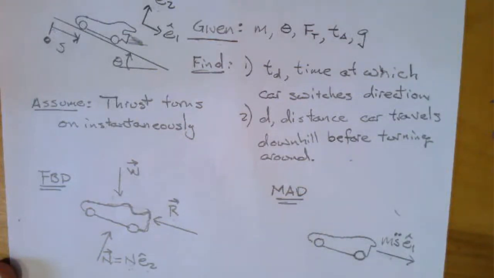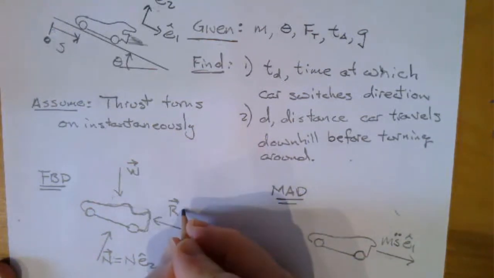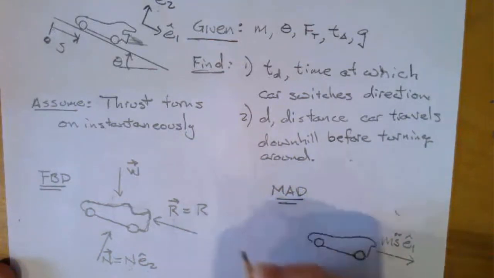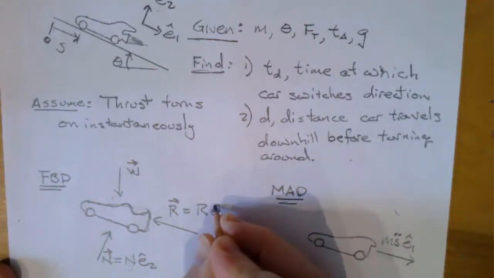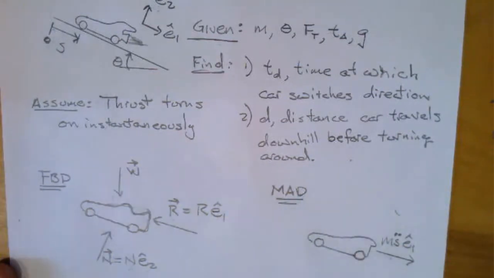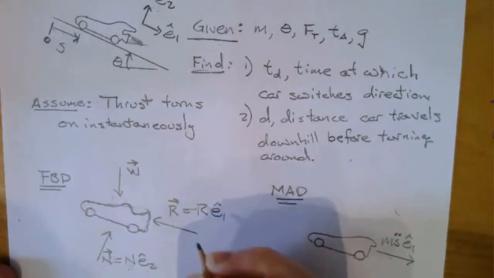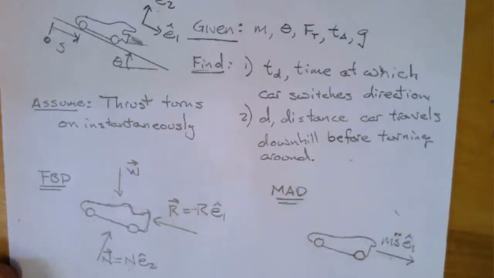The weight, let's think about that weight for a moment. Actually, let's go to the rocket force first. That's all in the e hat 1 direction. So I'm going to say this is a scalar r times e hat 1, like so. And maybe I'll say minus r, since this vector is in the minus e hat 1 direction. Remember I said r at some times is going to be equal to 0.